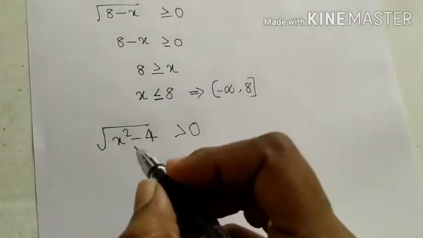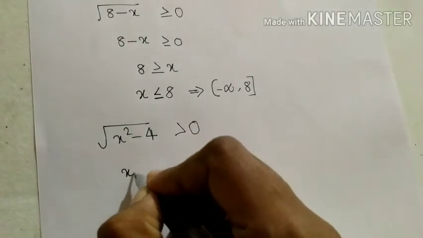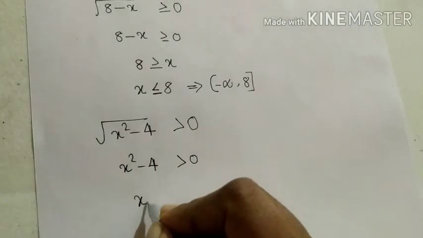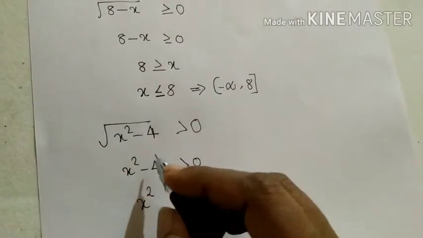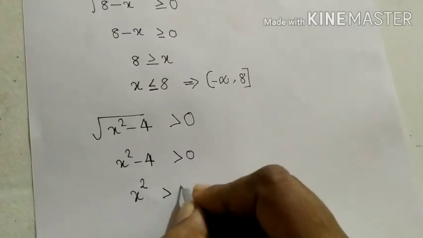Squaring on both sides, we get x square minus 4 greater than 0. From this, taking minus 4 to the right hand side, it becomes positive 4, right?